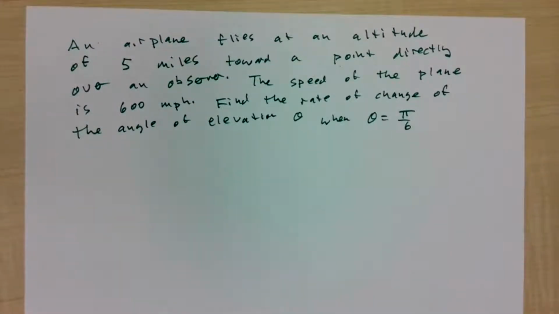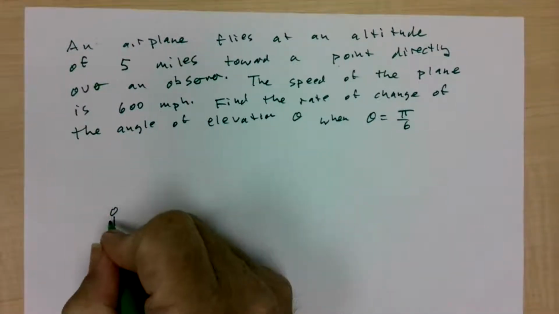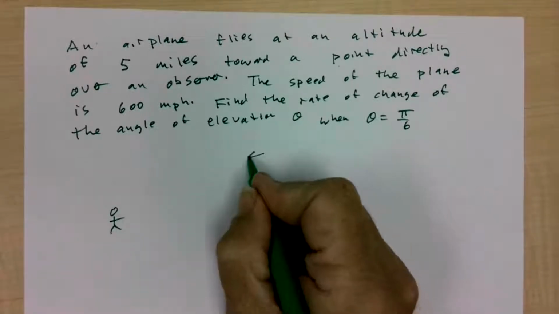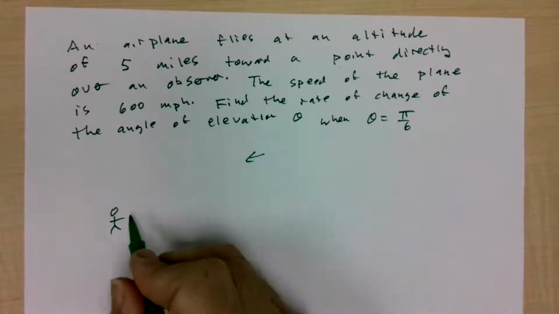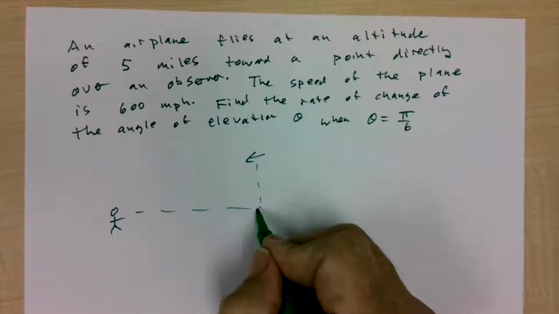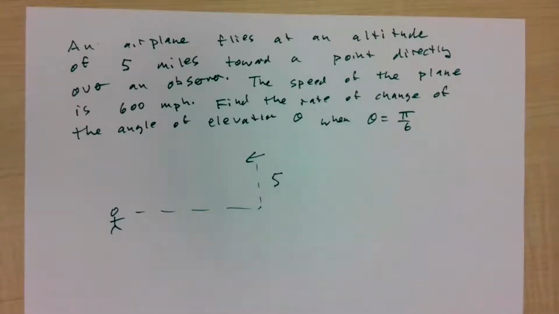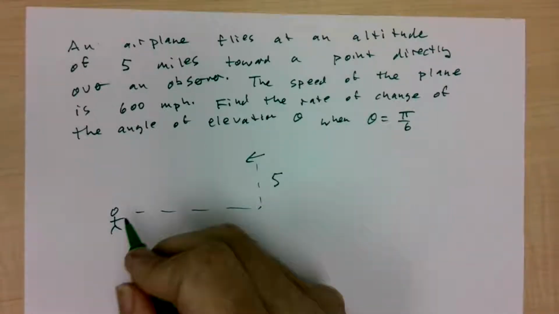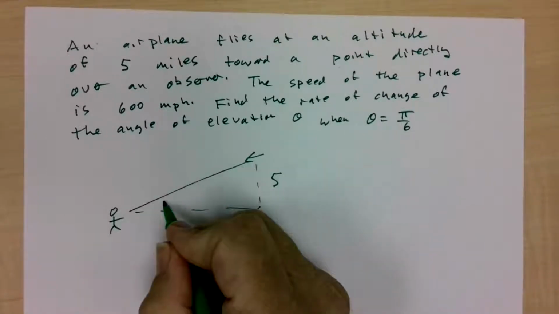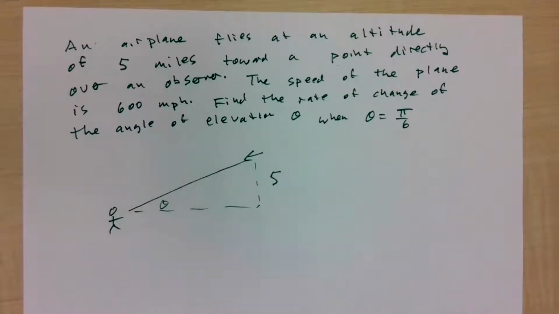So let's make sure we have a picture. We have a person, and we have a plane coming this way. The height of the plane is constant, 5 miles. The angle of elevation here is theta. We want to see how much that's changing. Now, the plane is flying at a speed of 600 miles per hour.